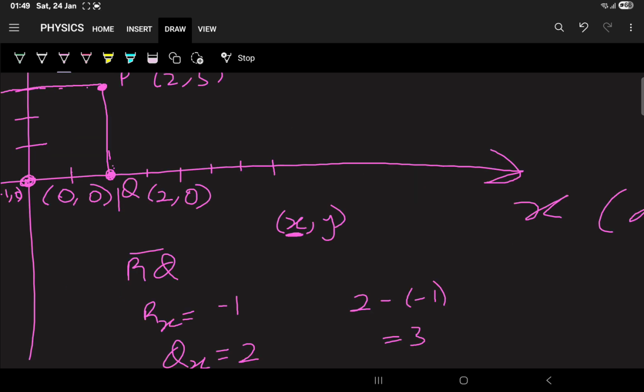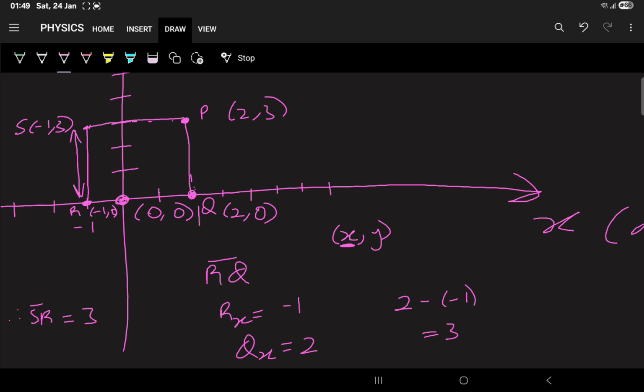Similarly, when you try to find PQ and PS, you'll get similar values. As you can see, the shape here is a square, so when you do it right, SR should equal PQ and SP should also equal RQ or QR.